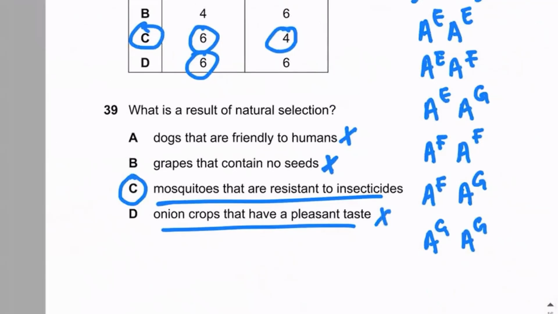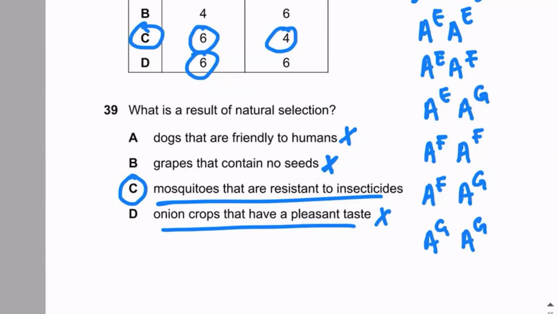So if you are confused in any example, whether it is artificial selection or natural selection, always remember that. Always note one thing, that the change that you observe, is it what the humans want, or is that change wanted by the environment?